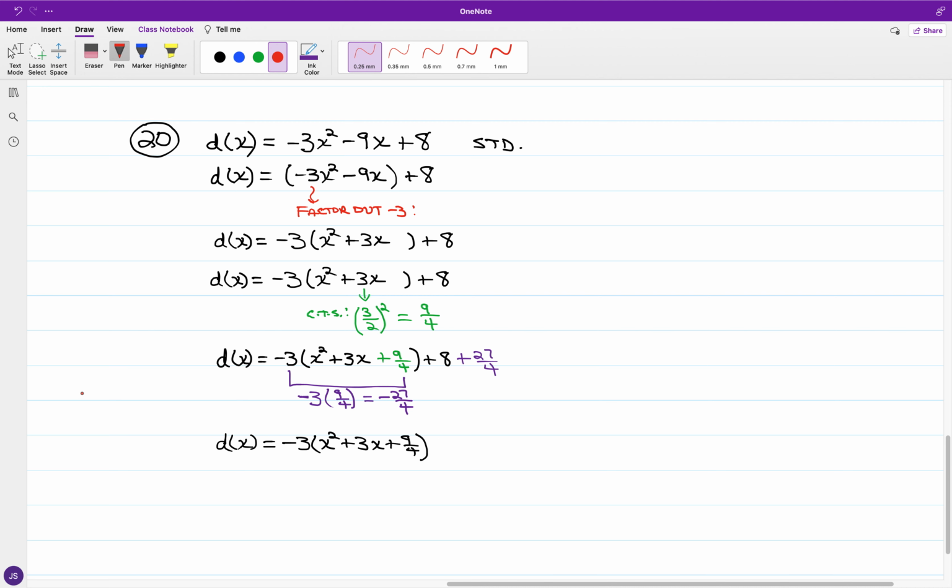Again, just over to the side, we have 8 plus 27/4. Think of it like 8 over 1 plus 27/4. And 8 over 1 in terms of fourths is going to be 32/4.